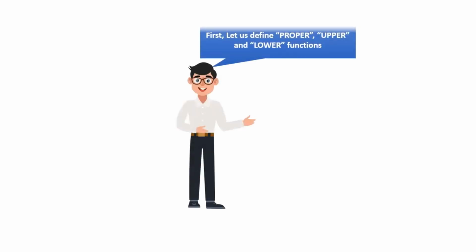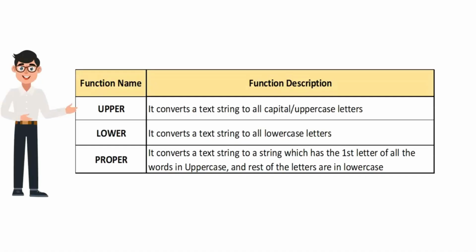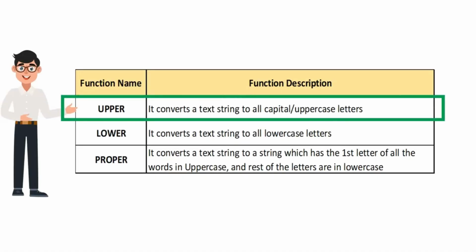Let us start with the function description for proper, upper, and lower functions. This will help us in understanding these functions better. Starting with the function upper. It converts a text string to all capital or uppercase letters. Next function is lower.